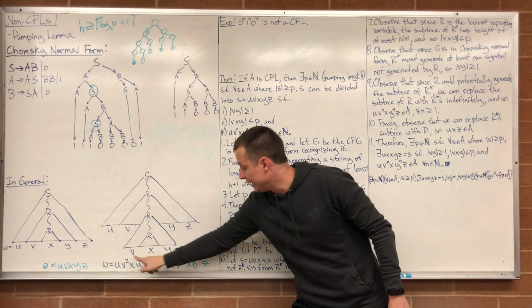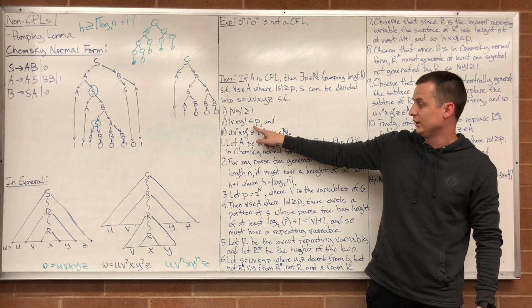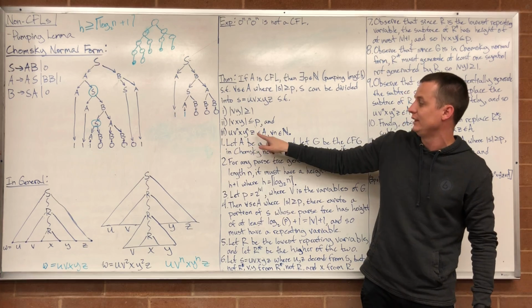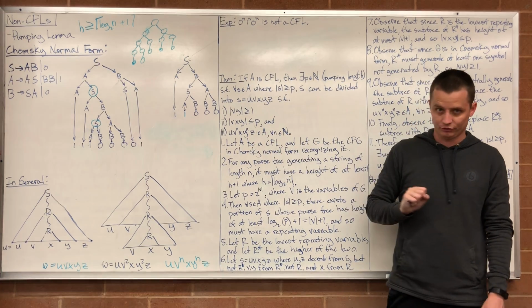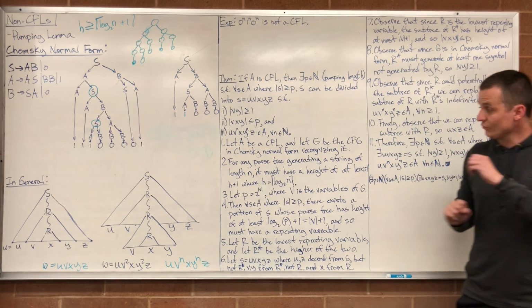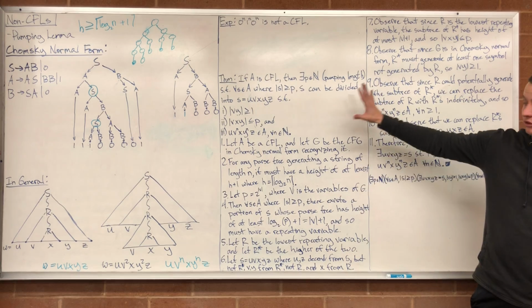The VXY part here has a length less than or equal to our pumping length. And most importantly, U V^n X Y^n Z is in our language for any natural number n. That's what we're going to prove. For any context-free language, this is the case.